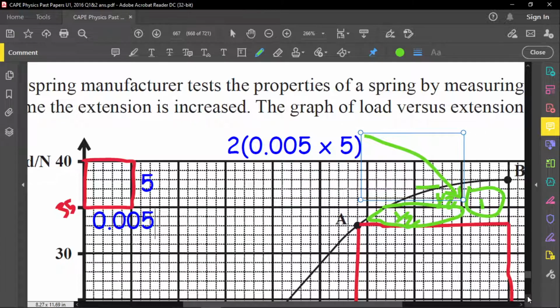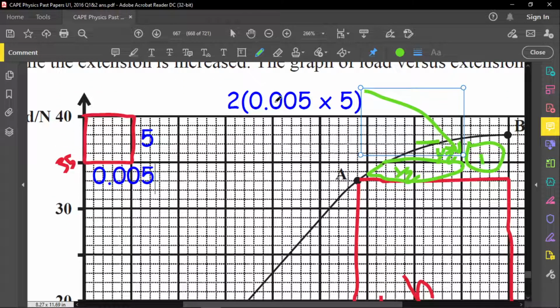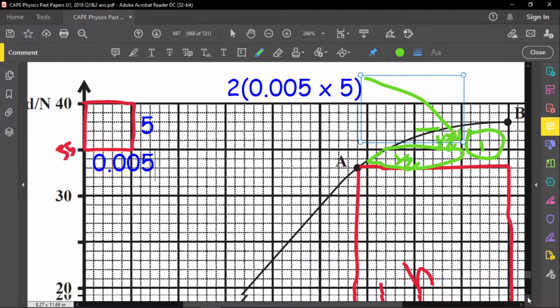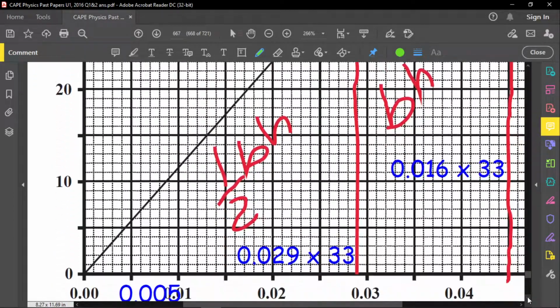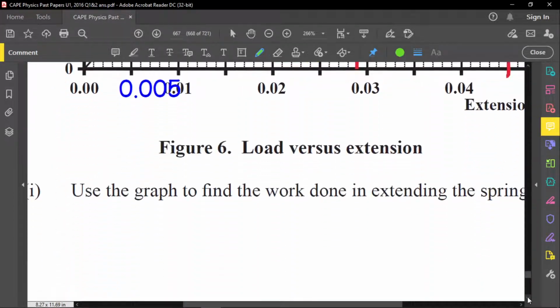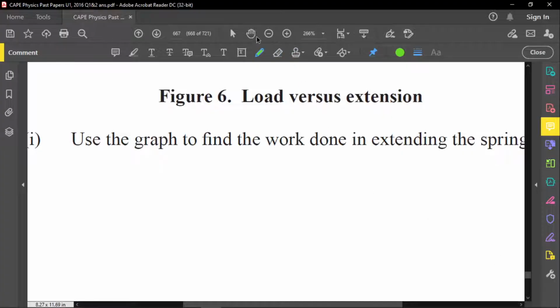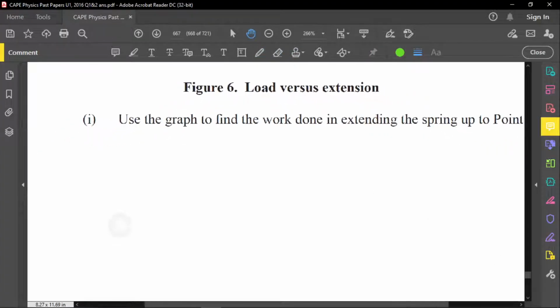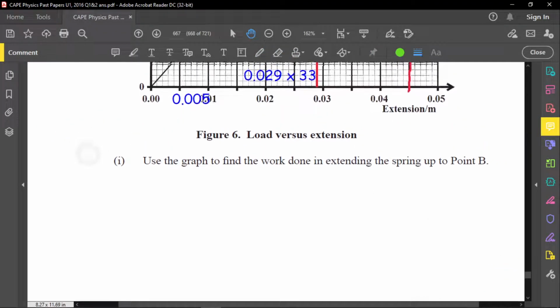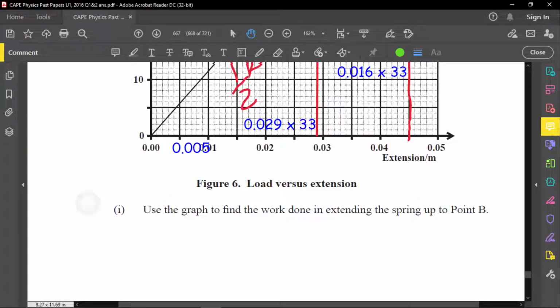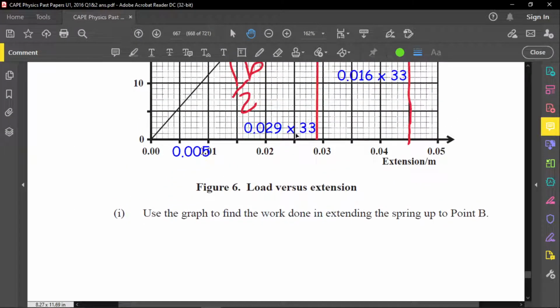All right, so now let's put this together on the answer sheet itself and work it out to see exactly what we get as our answer. So here we're going to use the graph to determine the work done. We establish here our half base times height, which is this first part.